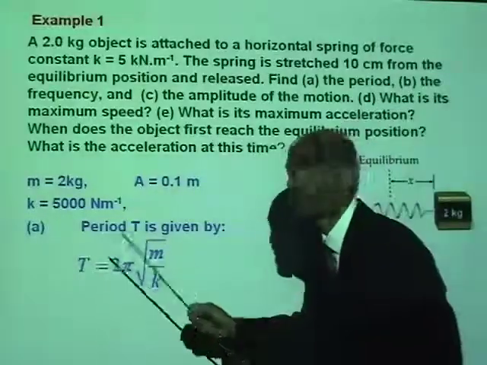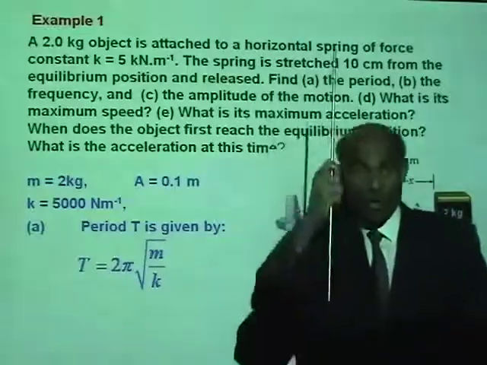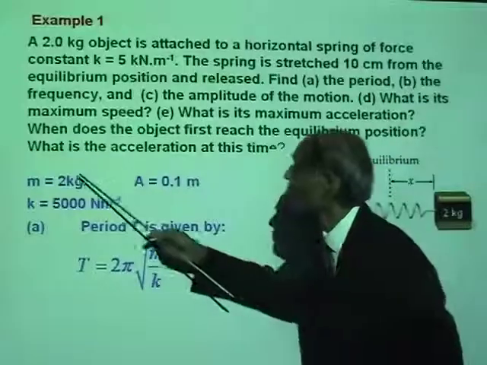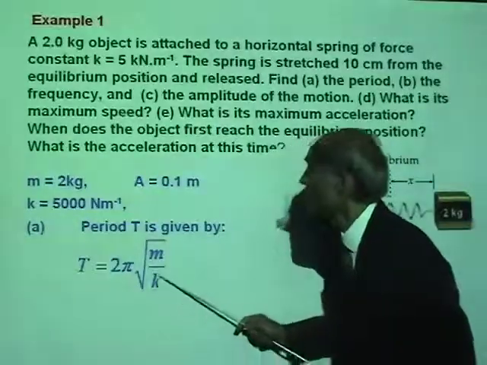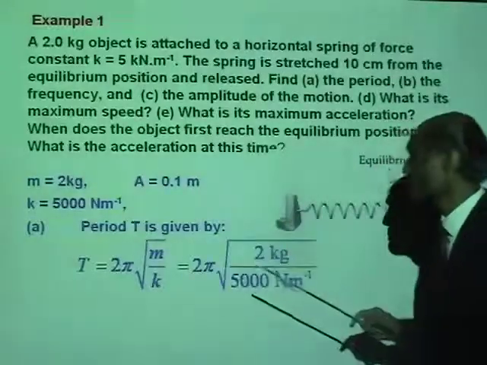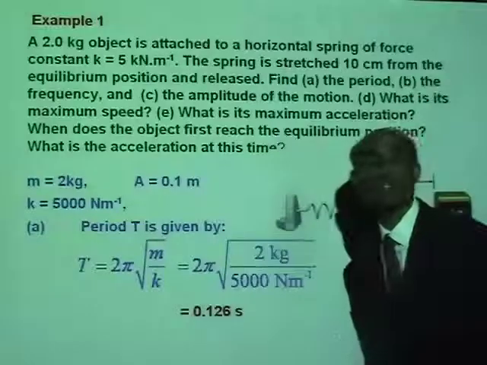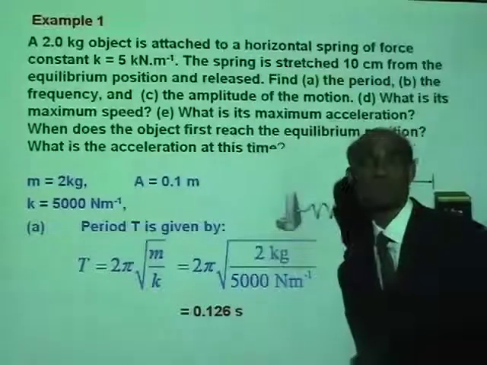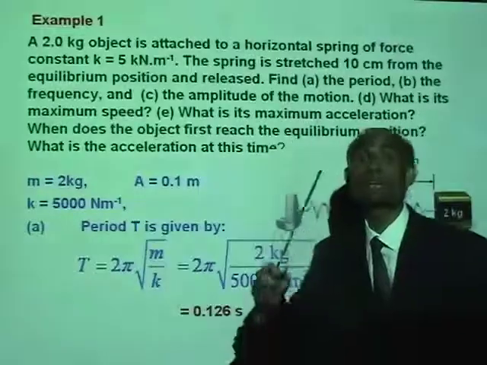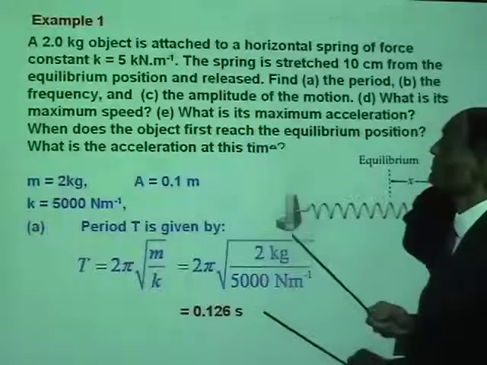This is the equation for the period of oscillation, whether it is horizontal or vertical. You know the value of m, you know the value of k, so substitute those values. That gives you the period is 0.126 seconds. In other words, the time taken for one complete oscillation is 0.126 seconds.